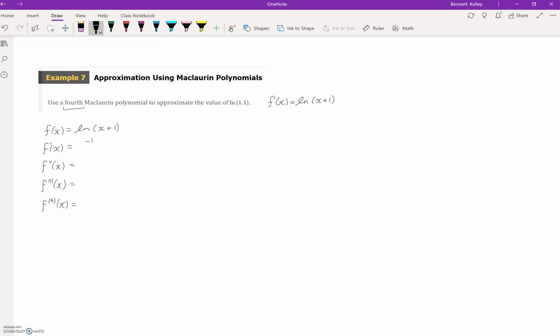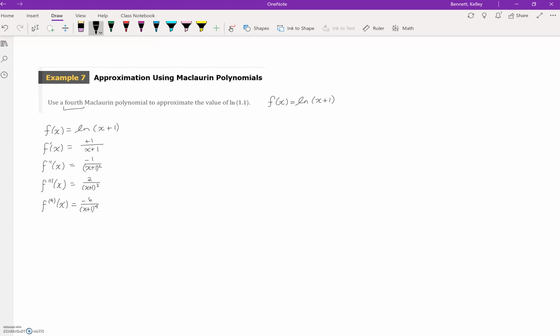And then we'll get 1 over x plus 1, and then negative 1 over x plus 1 squared. Then 2 over x plus 1 cubed, and negative 6 over x plus 1 to the 4th.